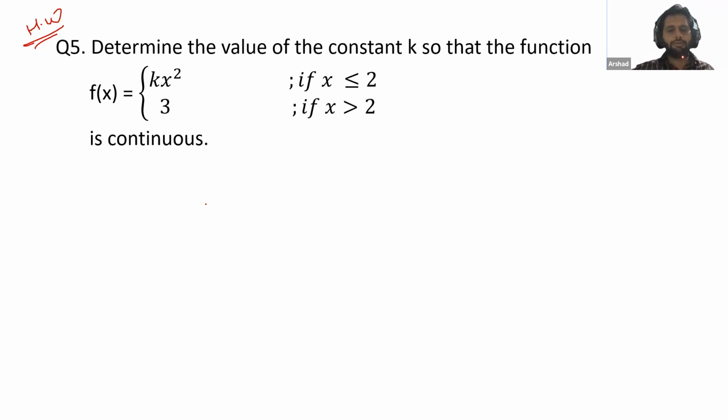Good, Fahad. Good, Rifat. Abdur, is it done? Okay, very good.